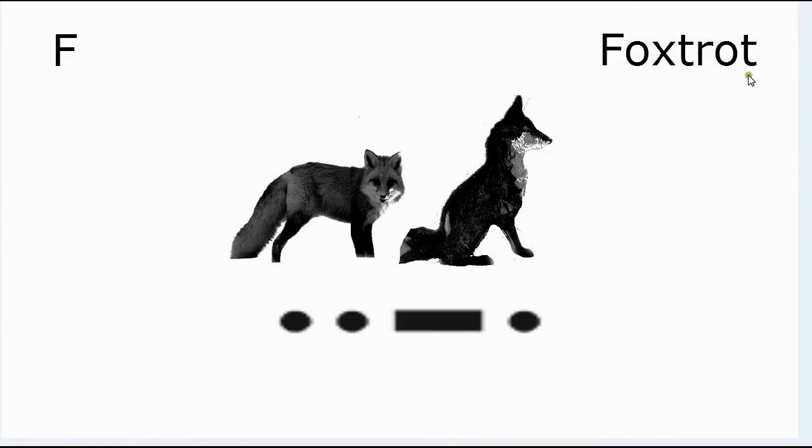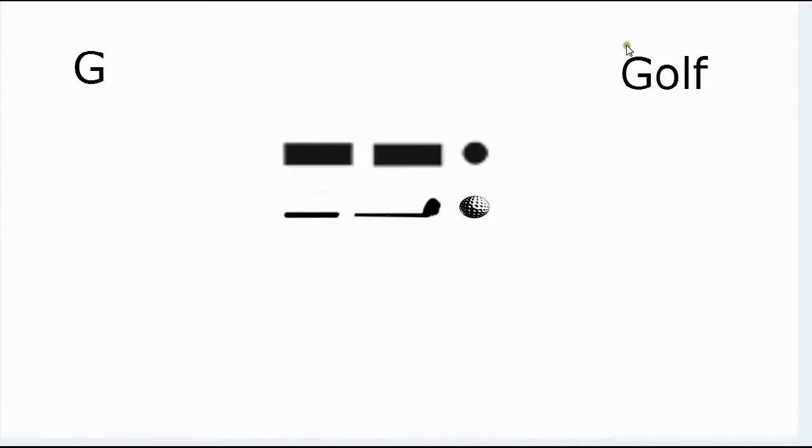F is for Foxtrot. So you could imagine this. So dot dot dar dot. Okay. G is for golf. It's the handle, rest, golf ball.